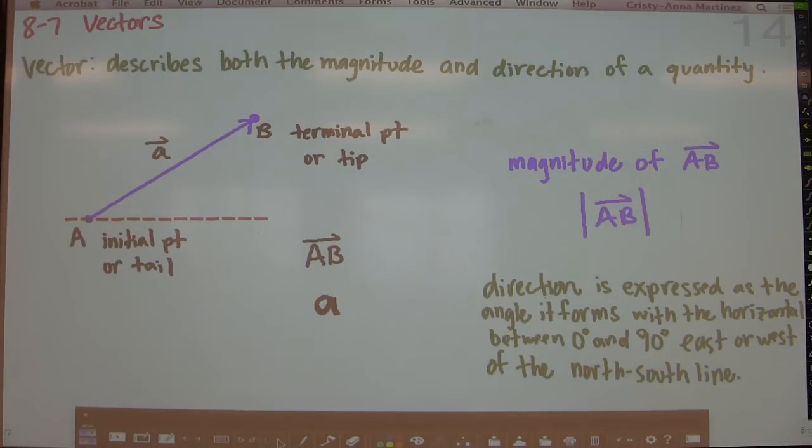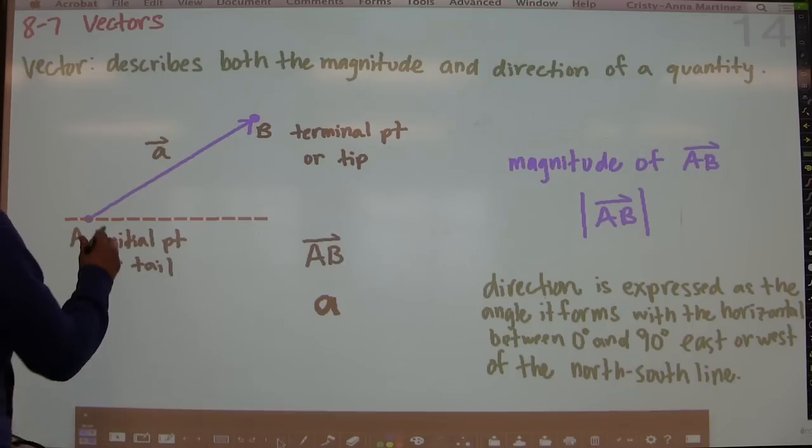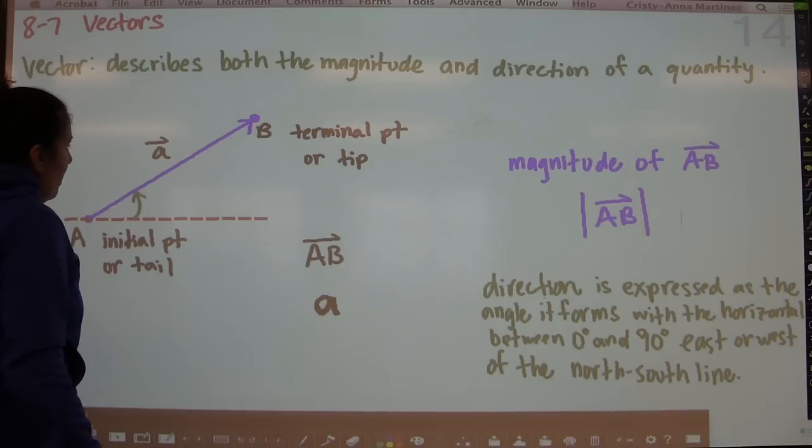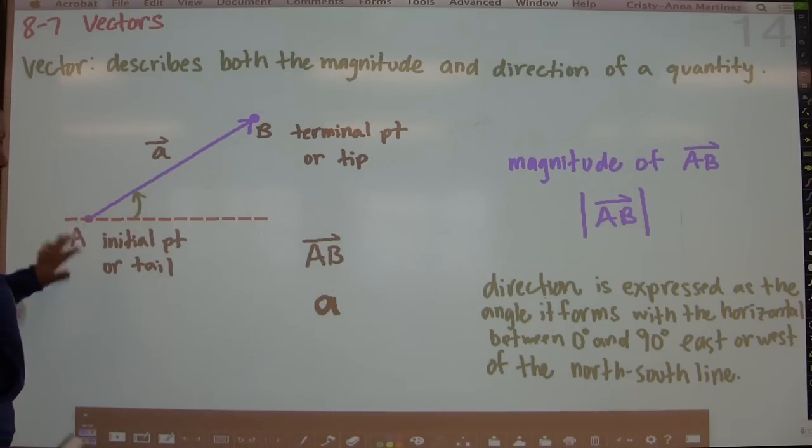It says that the direction of the vector is expressed as the angle that it forms with the horizontal, or between 0 and 90 degrees east or west of the north-south line. So there are two different ways that you can express it. You can express it as the angle that it forms with the horizontal, and if you do that, all we're looking for is this angle right here. That would be one way of expressing the direction of the vector.